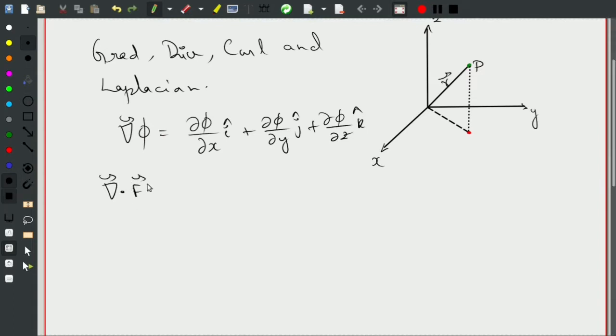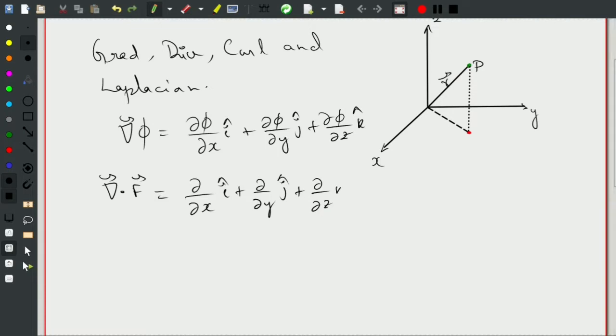It operates on a vector function. Let f be a vector function, then the divergence of f is given by dou by dou x i cap plus dou by dou y j cap plus dou by dou z k cap, dotted with f, where f1 is the x component of f vector, f2 is the y component, and f3 is the z component.